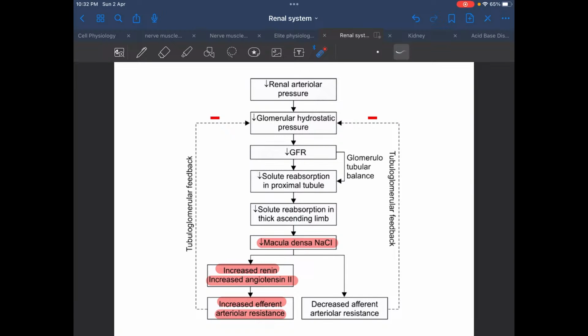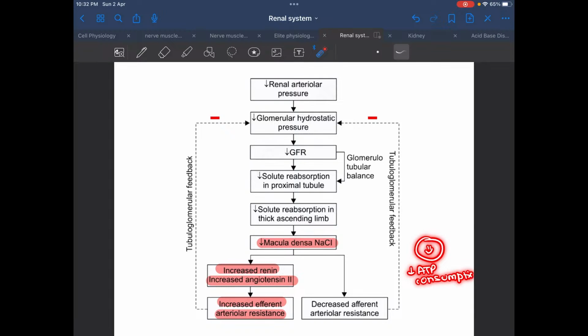So whenever there is a decrease in macula densa NaCl, there is a decreased need for the sodium potassium ATPase to function. What will happen? There is decreased ATP consumption.